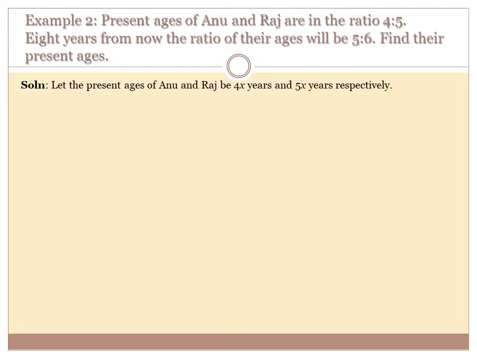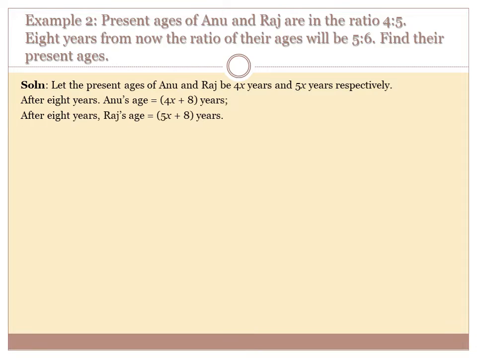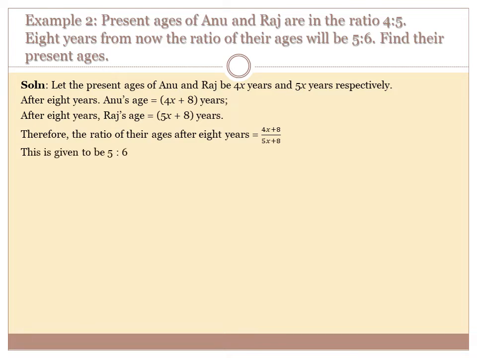Therefore, after 8 years, Anu's age is 4x + 8 and Raj's age will be 5x + 8 years. And what is the condition given for framing the equation? After 8 years, the ratio of their ages will be 5:6. We know that a ratio is the same as a fraction. 5:6 is the same as 5 by 6.